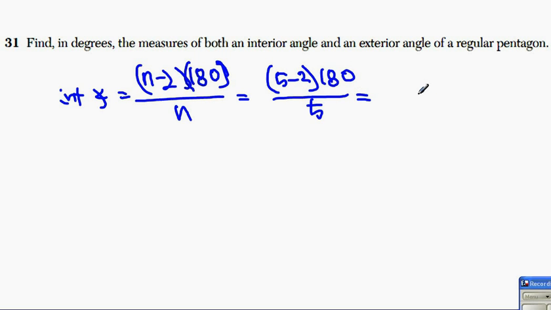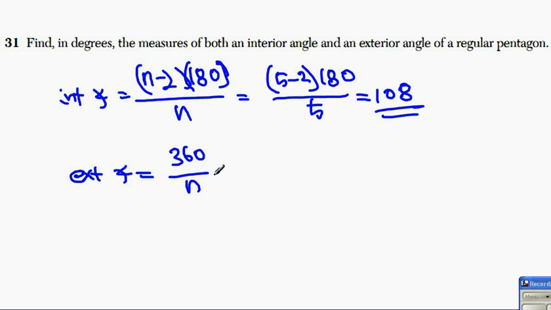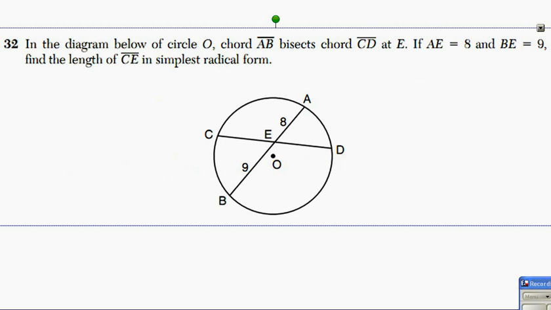Once you do this, we get 108, which becomes our answer. On the other hand, the measure of an exterior angle can be found in various ways, but the sum is 360, so we just divide by n. 360 divided by 5 is equal to 72 degrees. Notice that they are always supplementary. Alright, let us move on.